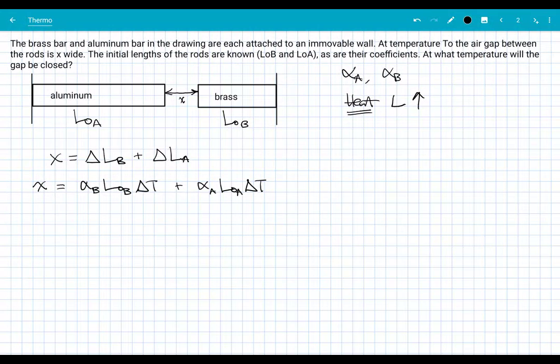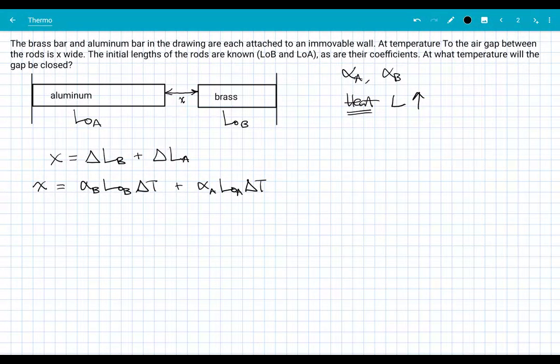Now, sometimes students will ask, why does the initial length of the thing matter? Like, why is that part of the delta, if all we're talking about is the change. And how I usually answer that is, you can think about this physically. You can consider cutting the rod up into tiny little pieces. Each little piece is going to expand, right?